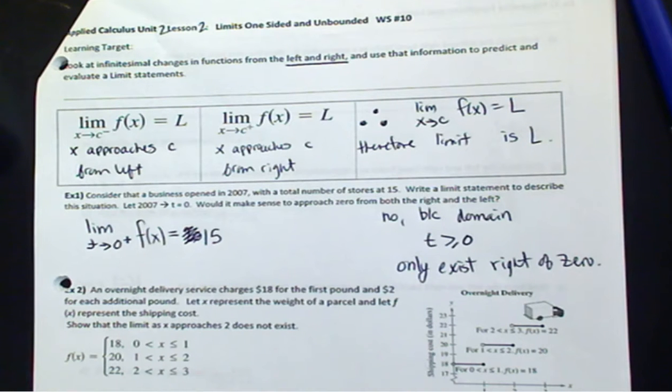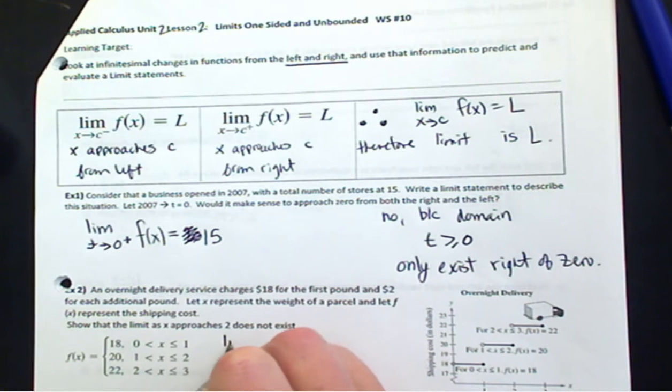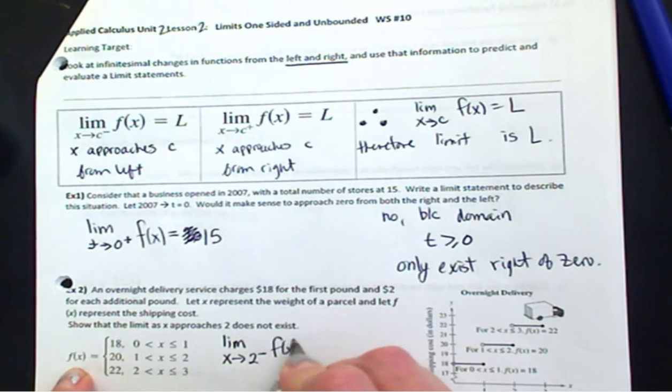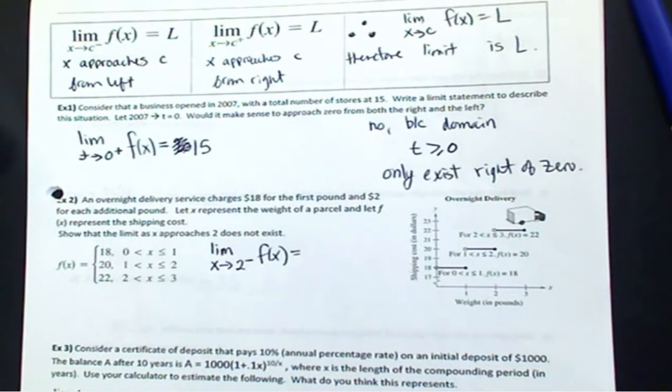Okay, so here's the graph. Here's a piecewise definition. We're going to evaluate 2 limit statements. The limit as x approaches 2 from the left. Now I'm just going to say f of x. Which part of the graph are you looking at?